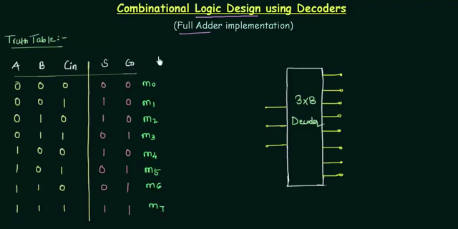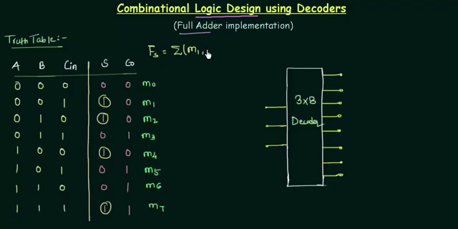Let's write the function fs for the sum. It is equal to the summation of M1. For the sum, it is high when A, B are 0 and Cin is 1, and for the minterms M2, M4 and M7.